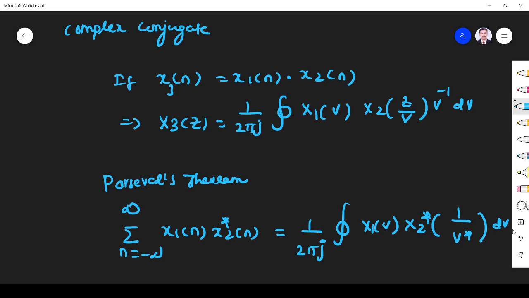This is Parseval's theorem of the Z transform. So just remember this, no need to prove. So these are all the properties of the Z transform.